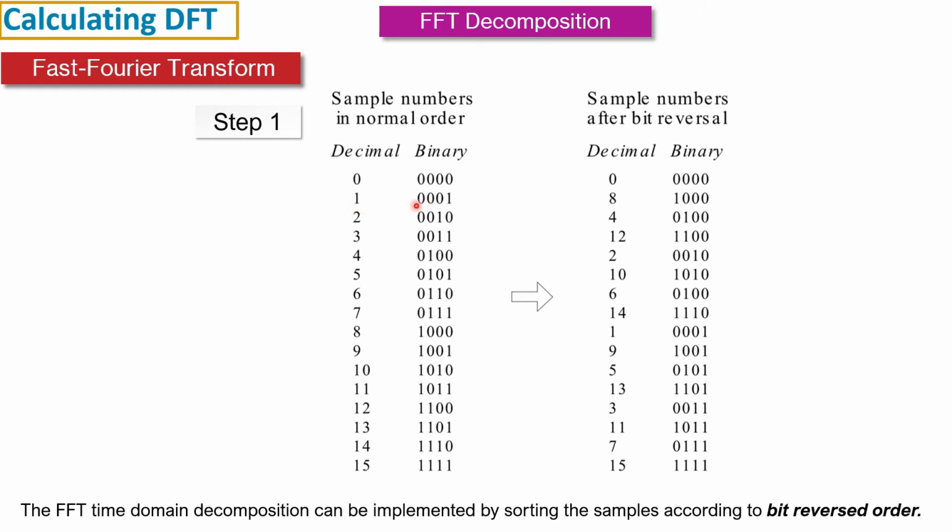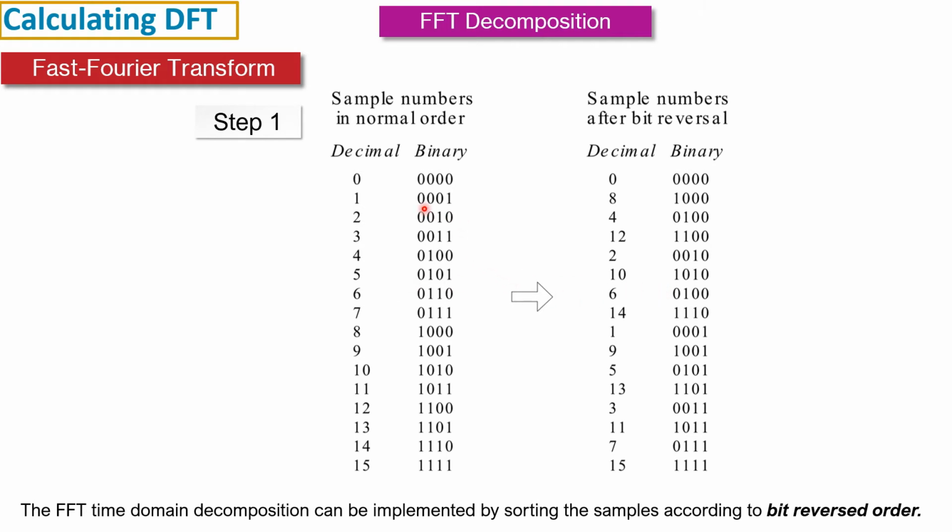So 1 is represented in 4-bit binary as 0001, and 2 is represented as 0010, and so on until 15. Then we convert the rearranged numbers into binary also, and when we see these, we see reversal in the bits.